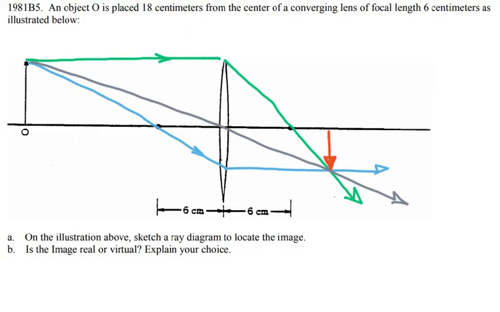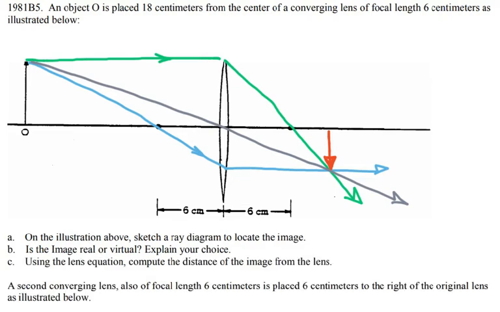All images that are inverted are usually real ones. Another explanation of the real image would be that if you place a screen where the image is appearing, you would be able to see the image on the screen because the rays meet at that point.